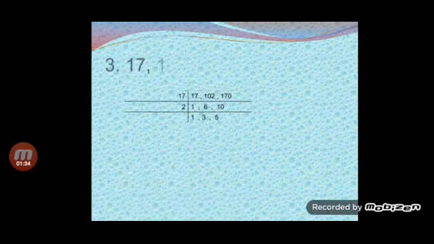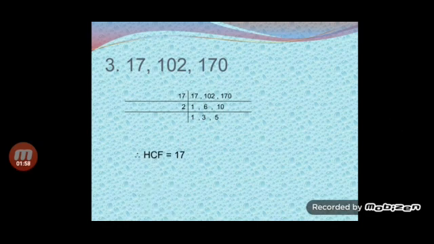Next one, we are having 17, 102 and 170. Now here in this sum, all three numbers are divisible by 17. So we'll go for 17. Next there are two numbers, 6 and 10. They are divisible by 2. So we'll go for 2.